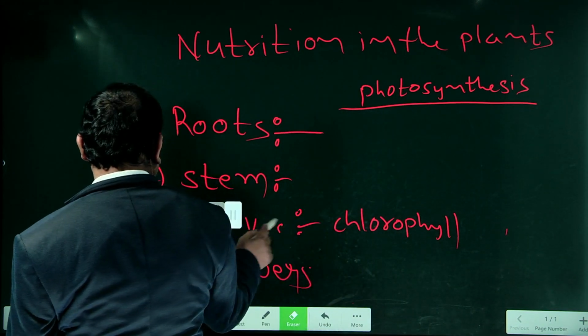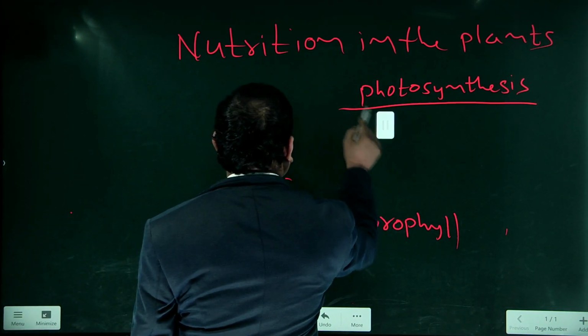In the photosynthesis mechanism, what are the requirements of the plants?